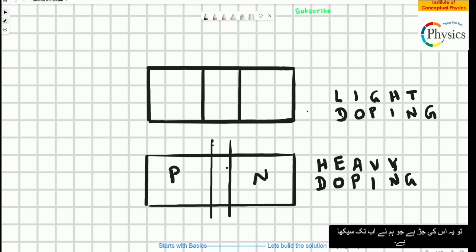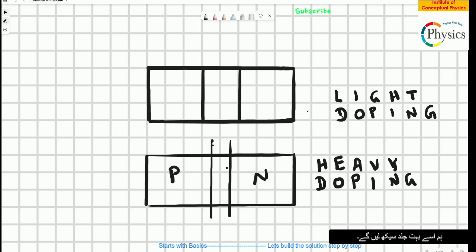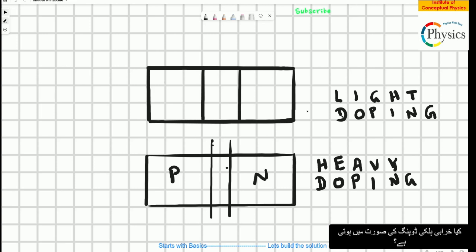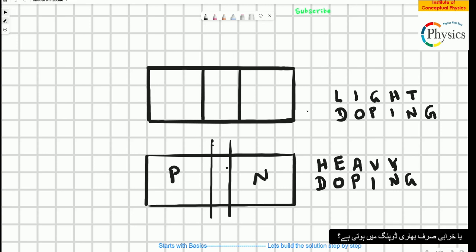So this is the crux of what we have learned so far again. So doping has also been included as one of the things that impacts breakdown. How and why, we will learn it very soon. Now, if you look into this diagram, the light doping and heavy doping, the question arises, does the breakdown happen in the case of light doping, or does the breakdown only happen in heavy doping? See, the answer to this question is that the breakdown happens for both the situations.